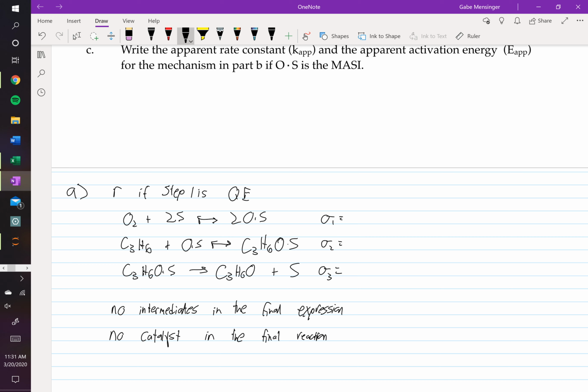Or another way to think about it is you can think of these catalyzed species, this O.S and this C3H6 O.S, as kind of intermediates, that ultimately should disappear by the final reaction.